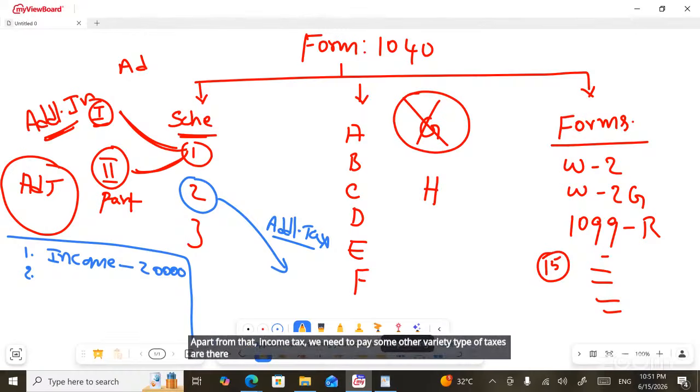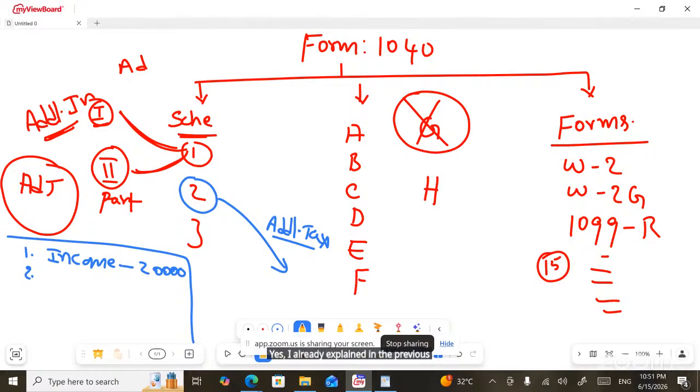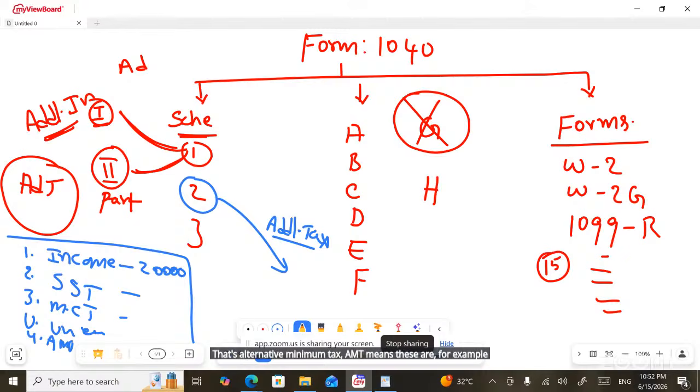As I already explained in the previous explanation, social security tax and Medicare tax and unemployment tax. Some other taxes are AMT, alternative minimum tax. I am giving 3 to 4 items here as examples.